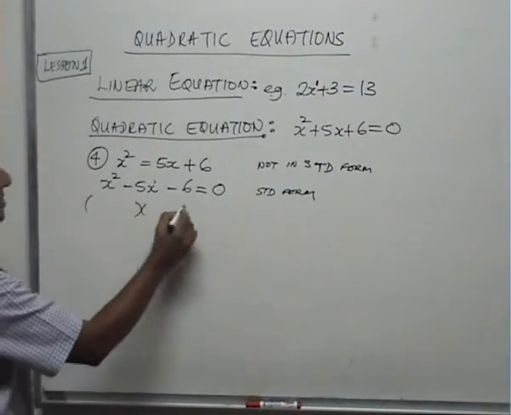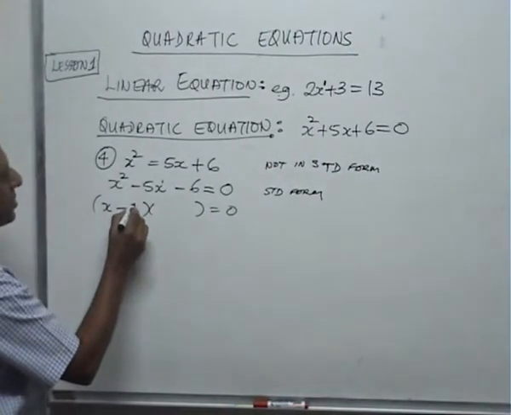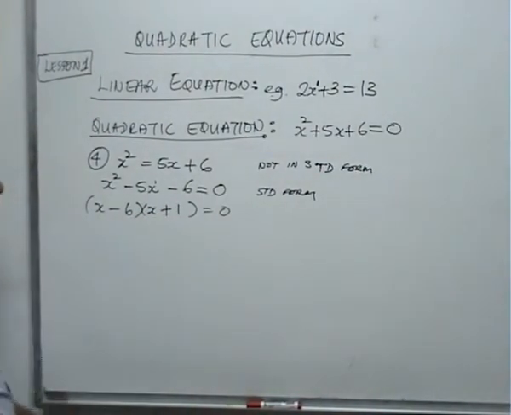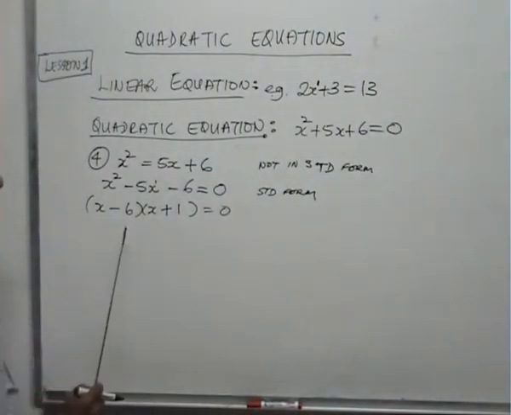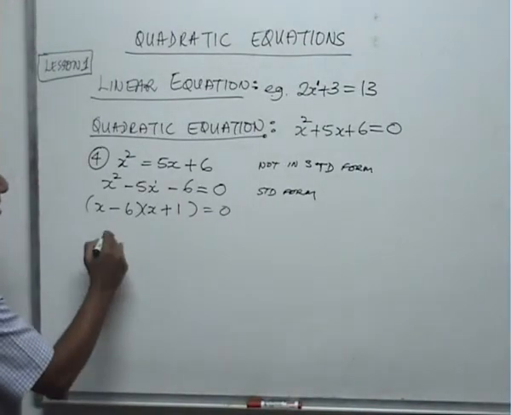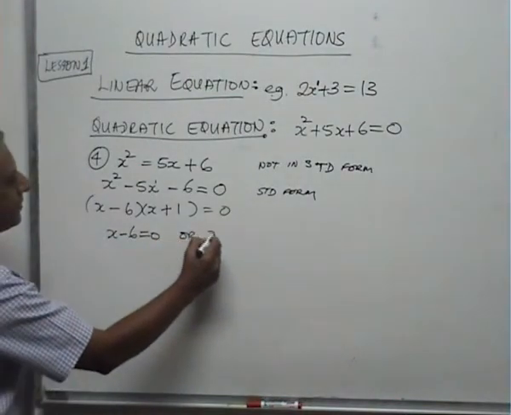So if you factorize this, it will be x minus 6 into x plus 1. Now I'm not going to show you the factorization here. You've got to know your factorization and you've got to be able to do it quickly so that you factorize it. Then you make each factor equal to 0.